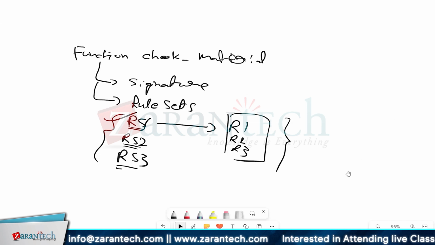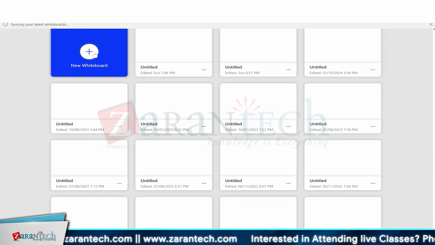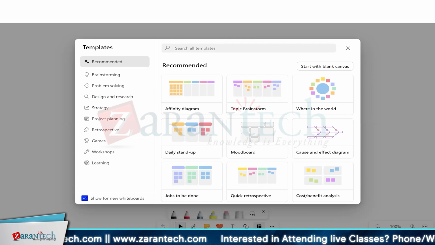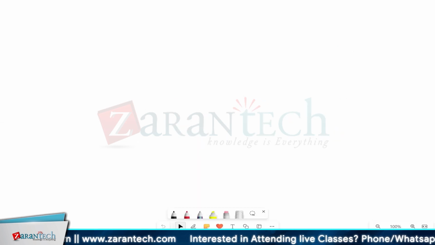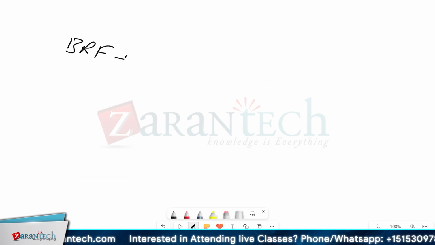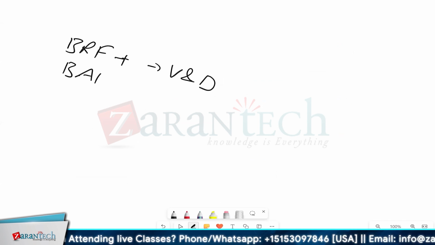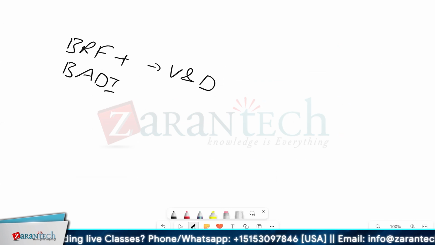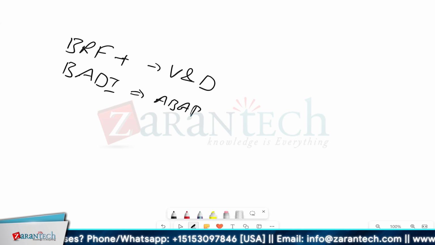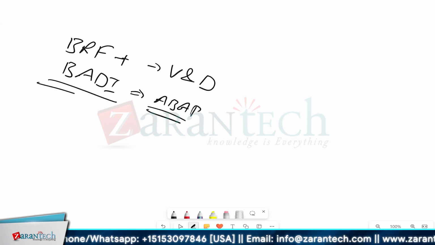Using the BRF application, we discussed validations and derivations. Now BAdI is also there. That means here you should have ABAP skills to write the validations and derivations using BAdI.